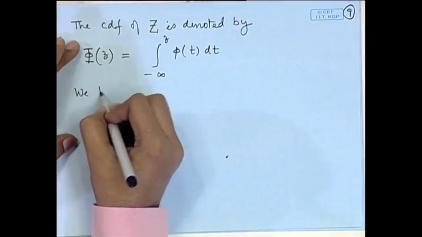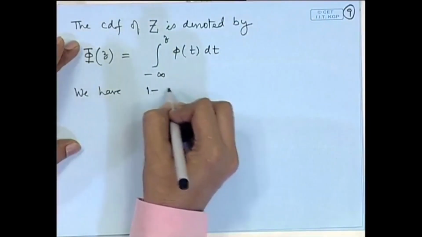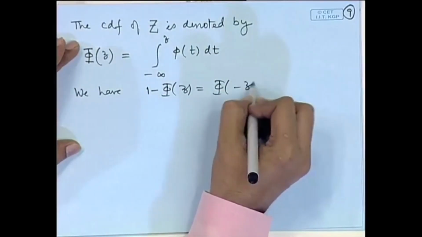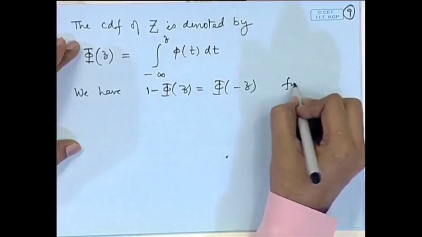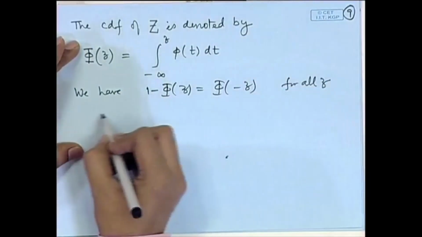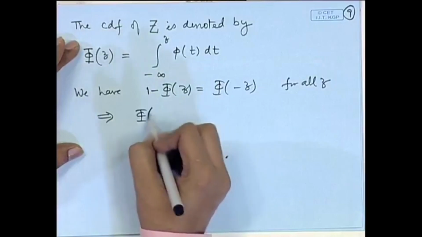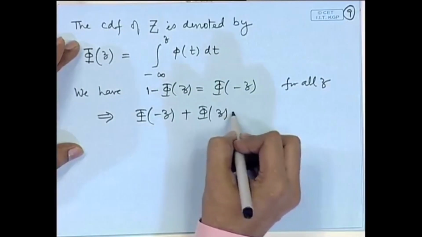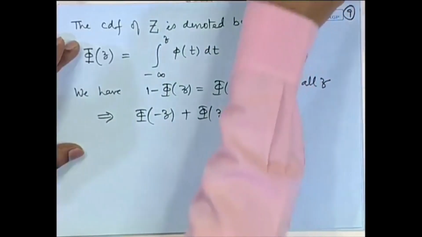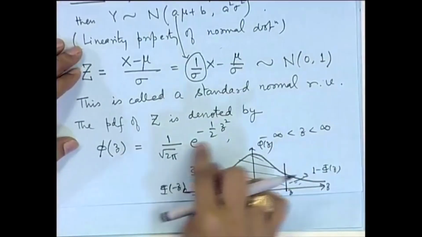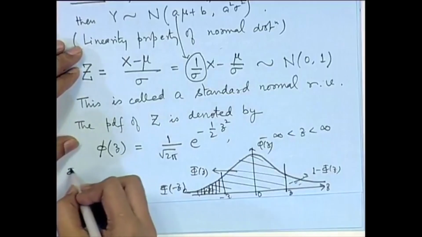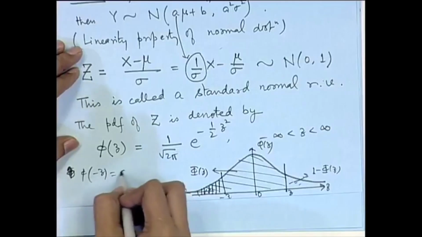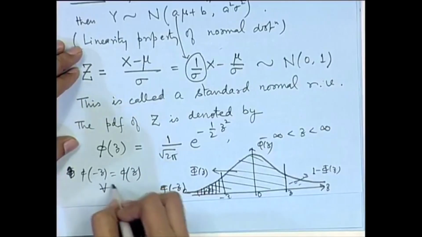So, we have 1 minus phi of z is equal to phi of minus z. This is true for all z. That means, we can write phi of minus z plus phi of z is equal to 1. And another thing, of course, we could have observed here is that small phi of minus z is equal to small phi of z for all z.